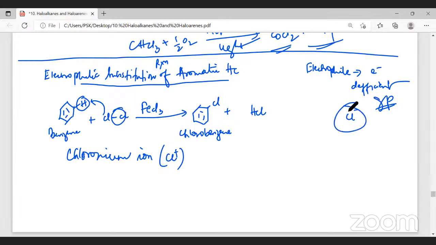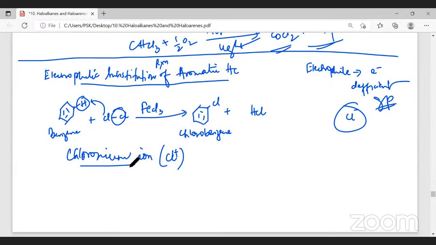Generally, we talk about Cl minus, chloride ion. But here, during the mechanism, Cl plus will be formed. This chloronium ion will attack the carbon atom of the benzene ring to form chlorobenzene. So you should remember, the electrophile in chlorination is chloronium ion.